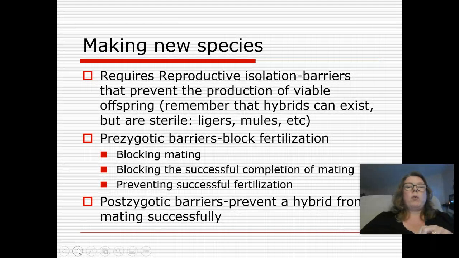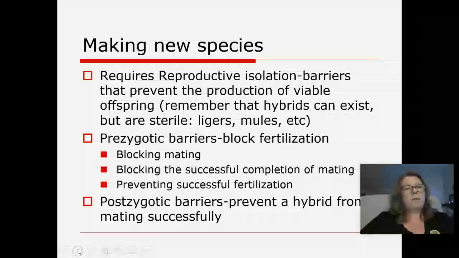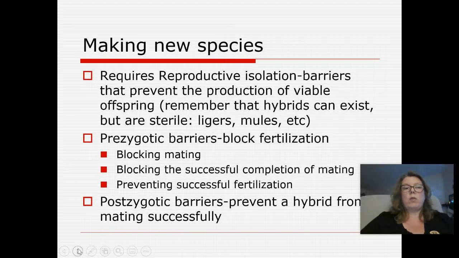So any kind of reproductive isolation occurs because of a barrier that prevents viable offspring. There are hybrids, though, and we'll get into hybrids probably in the next video, but hybrids can exist. Some of them are sterile, but occasionally you'll get a hybrid zone where they're not sterile. So you can still get hybrids, right? If you mate, I can't remember if it's a male lion and a female tiger or vice versa, you can create a liger.